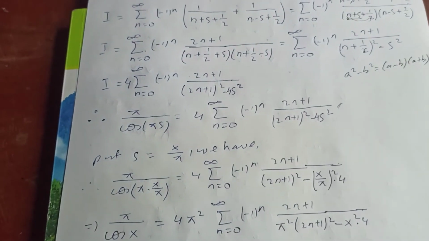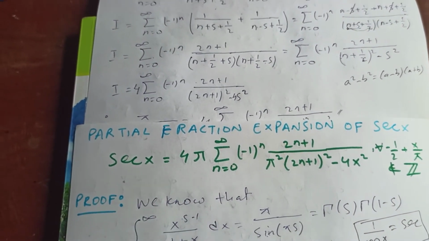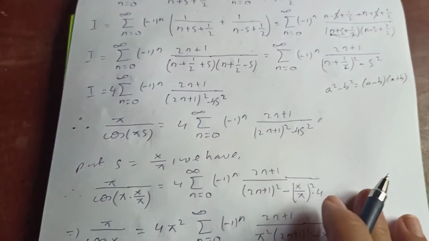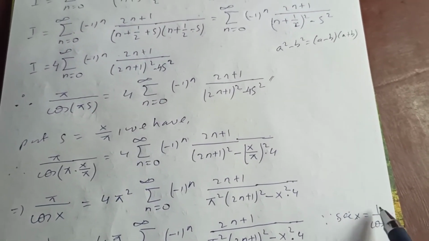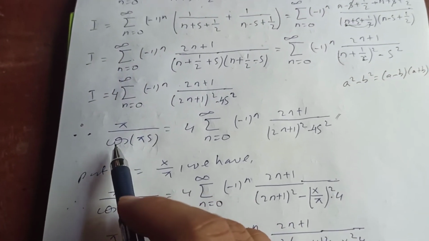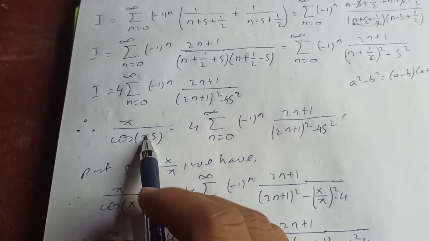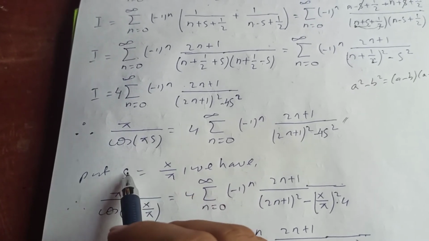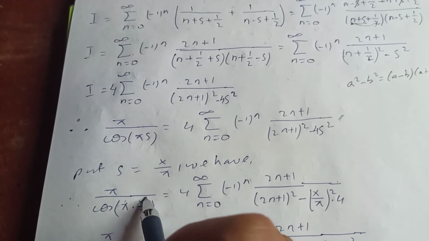Now in order to get sec, okay, in order to get sec, meaning we know that sec x is nothing but 1 over cos x. So I'm trying to get this, I'm trying to get rid of this pi, okay, this pi. So putting s equal to x over pi, we have pi over cos pi into x over pi, right?